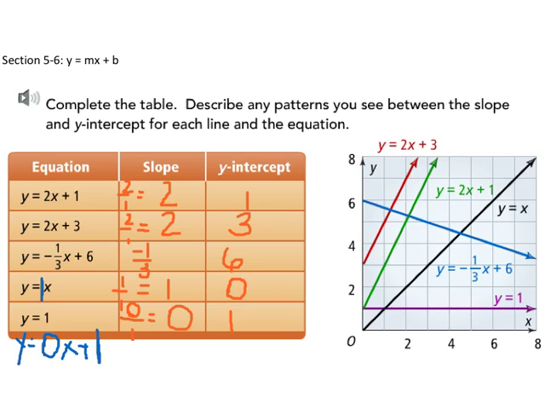If I look at the 0, I'm not adding anything here, so I'm going to go ahead and write in plus 0, so that you can see the 0 that I have for my y-intercept is what we added here. In the last one, the 1 is the 1 here. So that tells me that whatever we add is my y-intercept.